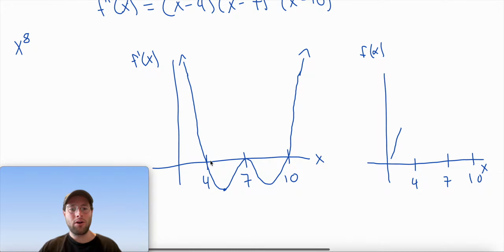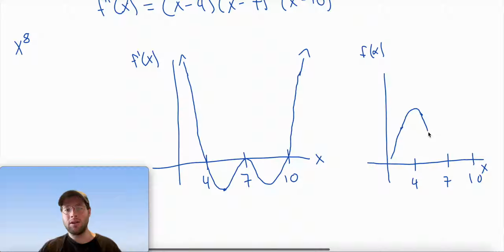And then our derivative is 0 here, so we know that the slope of the function needs to be 0. And so we're going to be 0, and it's going to be negative after 4. So that means we're actually going to turn around right here because the slope is negative. That's what this is telling us. If the derivative is negative, our slope of our function is negative. So we're going to go down.